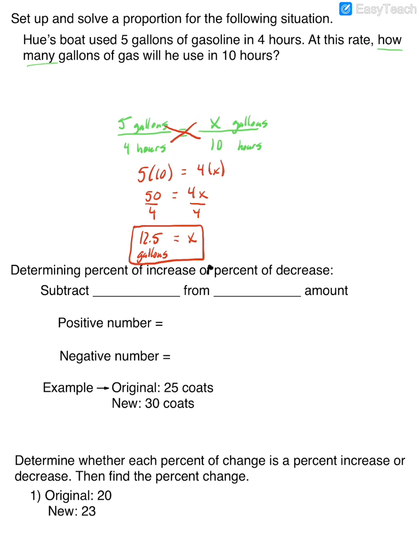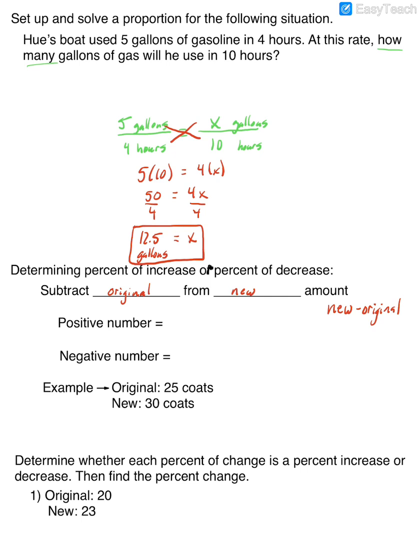What we're going to do to determine that is subtract the original amount from the new amount. So it's going to look like new minus original. Remember that subtract from is one of our subtraction ones that is minus but switches the signs.